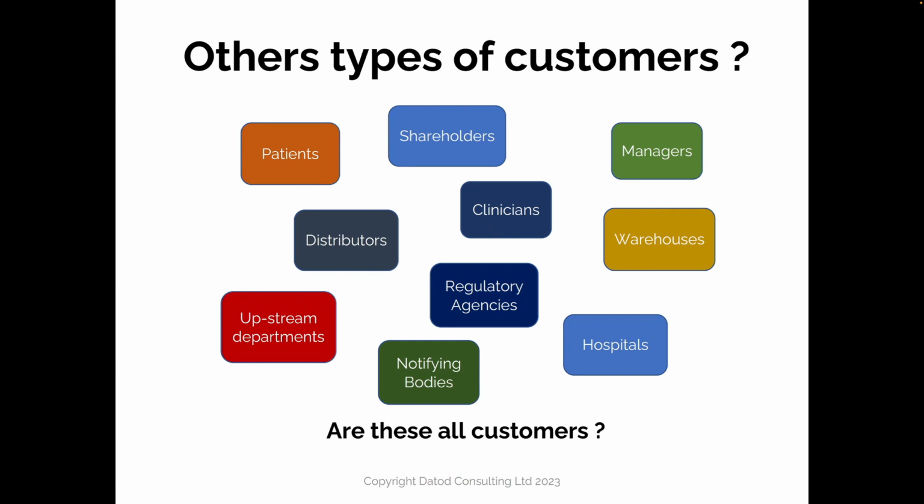So all of these can be considered types of customers, and it's not unusual, when you talk about customers, to have one or more of these groups in your mind. But really, the question is: are they all customers of your QMS? Some are obviously customers, and for some it's a bit more unclear whether they really do fulfil the definition of a customer.